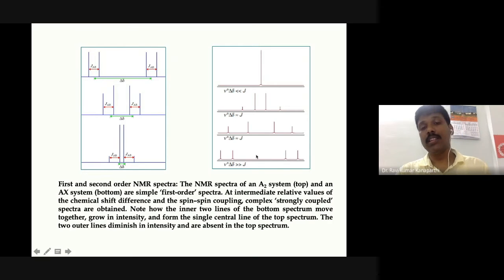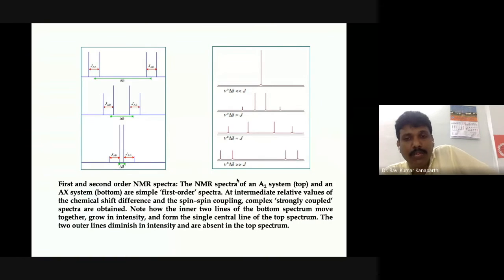So you can see that this becomes a much better system. This particular spectrum is referred to as the AX system. This is a nice diagram that is discussed well in the Atkins textbook; please refer to that. An A2 system becomes an AX system if you increase the field strength.